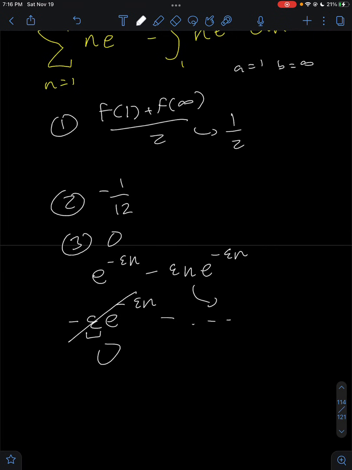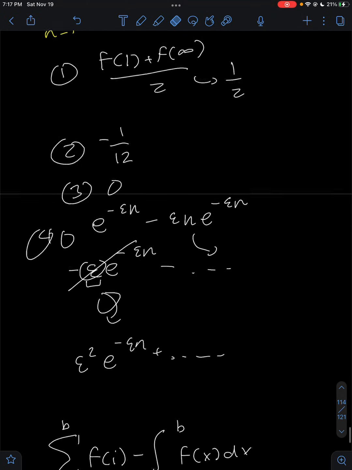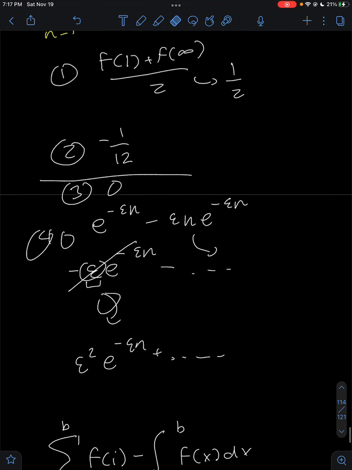Now if the third term is 0, the fourth term is also going to be 0, since for the derivative of that we're just going to have more epsilons in front. We're going to have epsilon squared e to the minus epsilon n plus dot dot dot, and all the higher order derivatives are also going to be 0. So really we just have to stop at the second term right over here. We don't have to actually care about the higher terms.